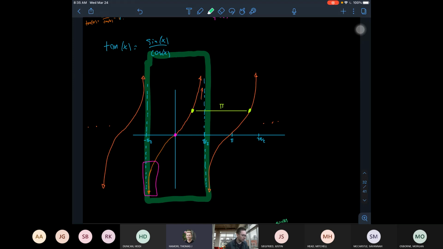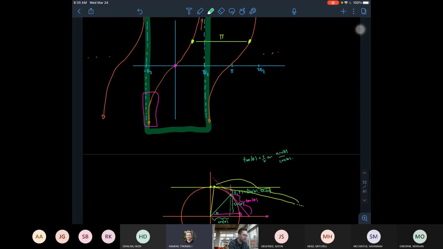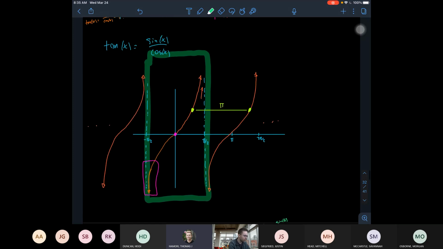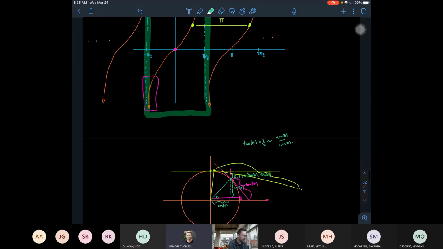I like to connect some kind of intuition for what tangent is, because I don't want you to just think that somebody was sitting in their basement and was like, what if I defined a function called tangent and it was sine of x divided by cosine of x? It's like, no, there's actually a very good reason for this function to exist.